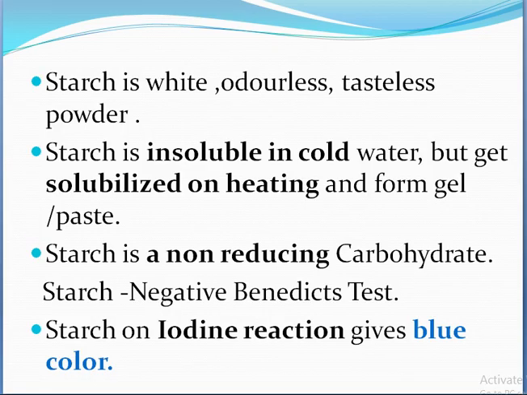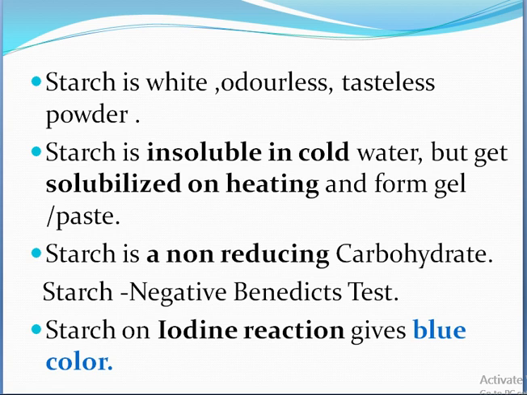Starch is basically a white, odorless, tasteless powder. Starch is insoluble in water, but it is solubilized on heating. Whenever we heat it, it can be converted into gel and paste form.